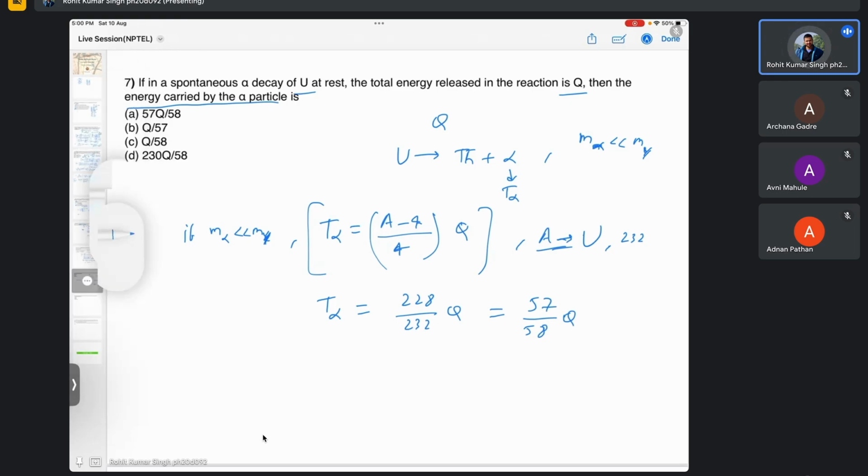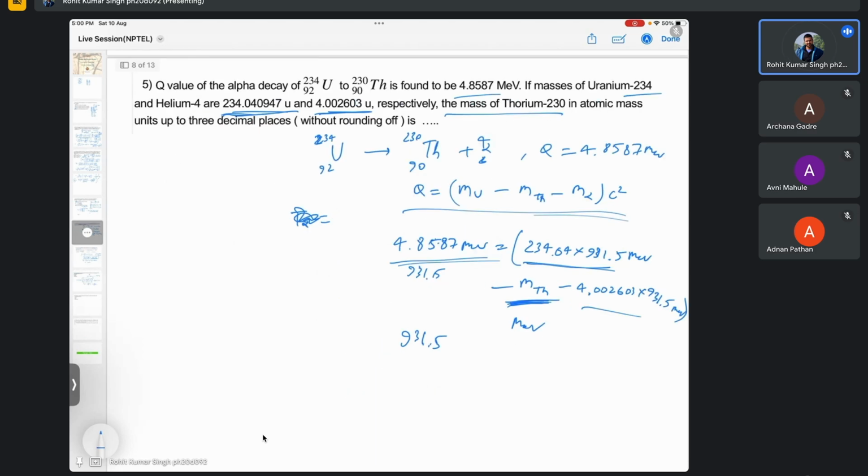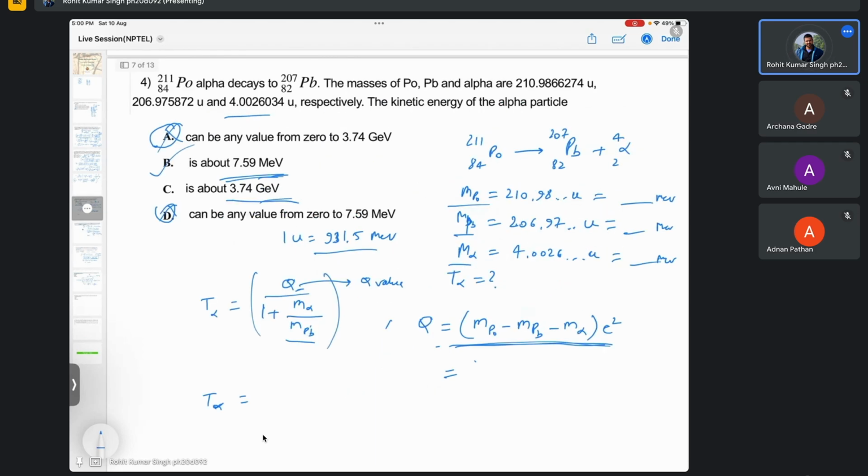This was a simple problem just to remind you of this equation. You don't always have to use this one, because then you need to know the mass of the daughter nucleus.